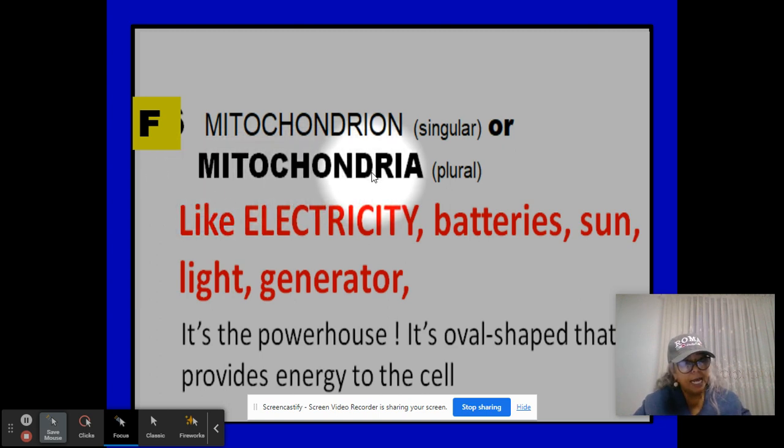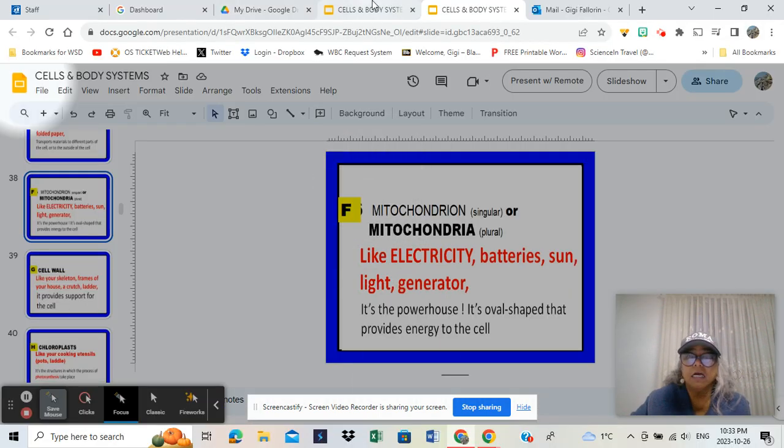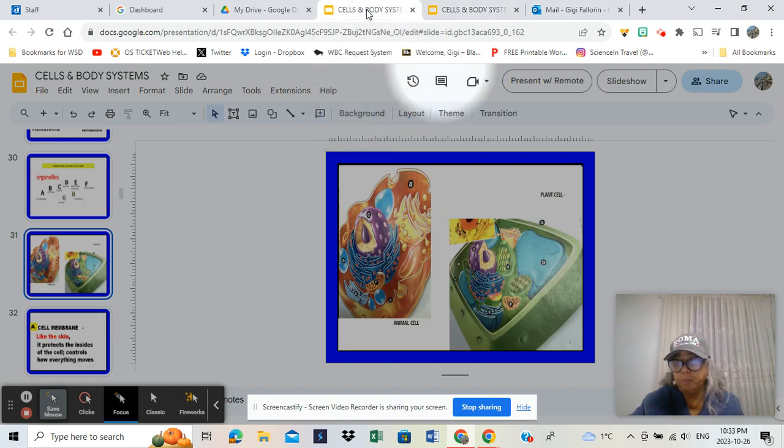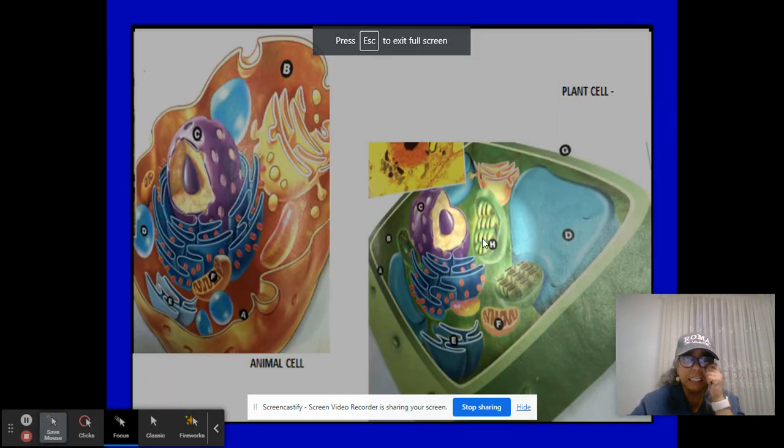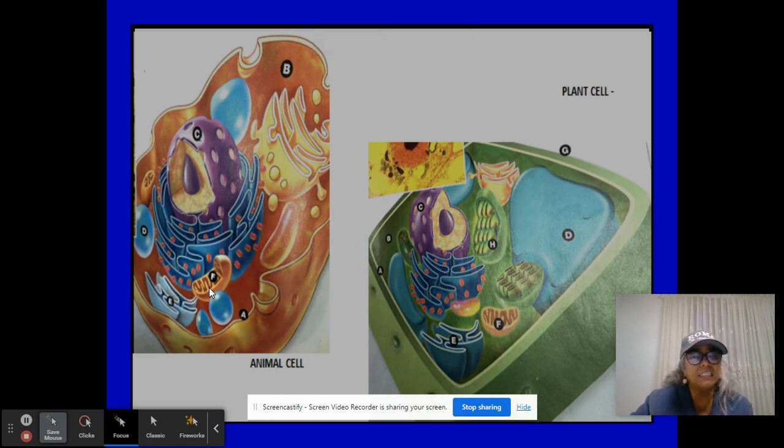So again, let's take a good look at your diagram. As you are writing or taking down notes, reference it with your diagram and locate that part, right? So there you go. You can clearly see where that is. You get to see this, right?